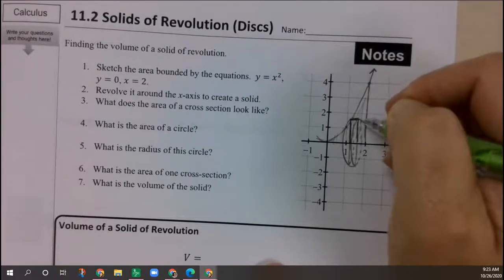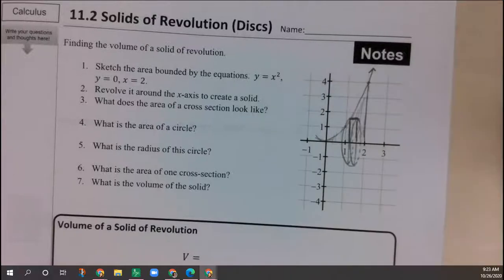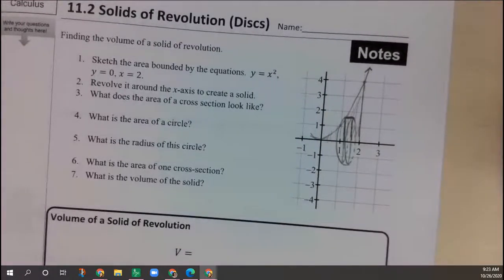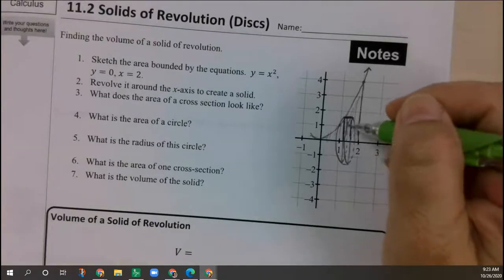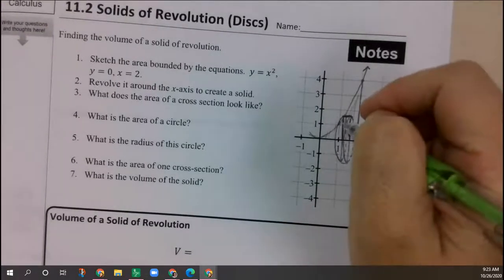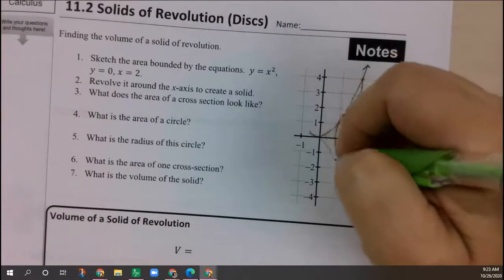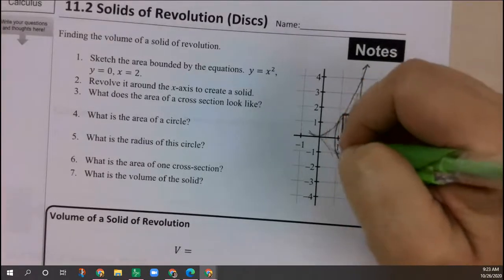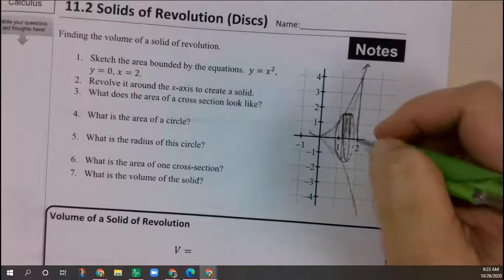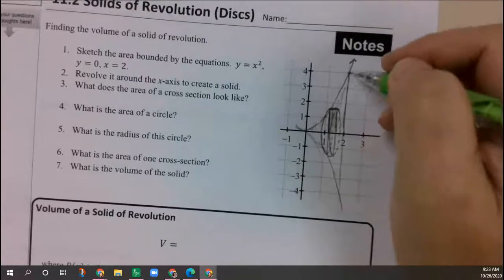I will say this is not my greatest strength as a calculus teacher, drawing these 3D images. But hopefully you can see that as I rotate that rectangle around the axis, it would create a cylinder.